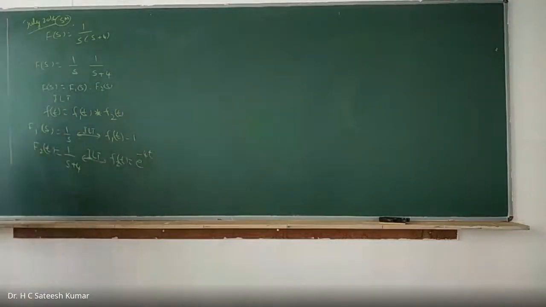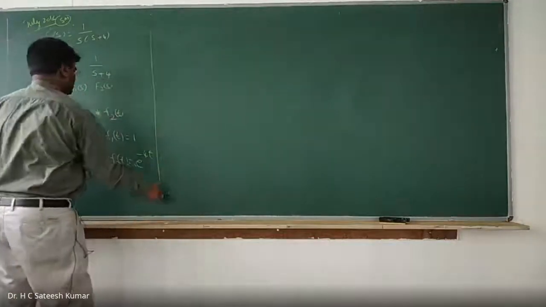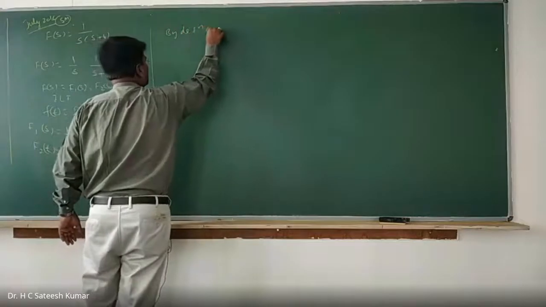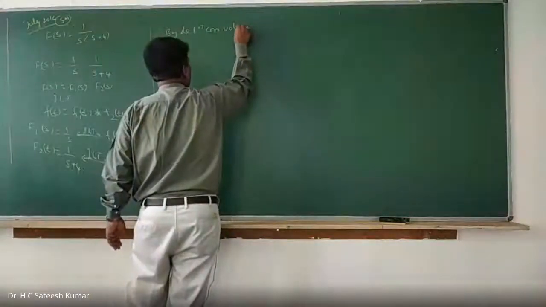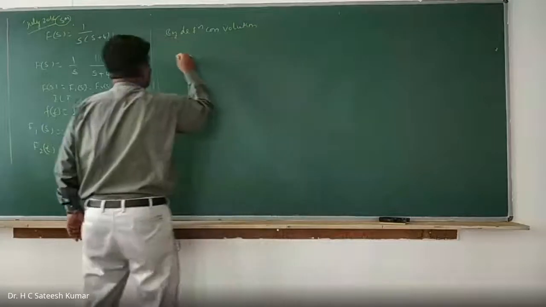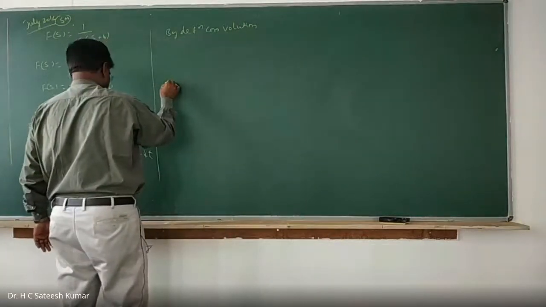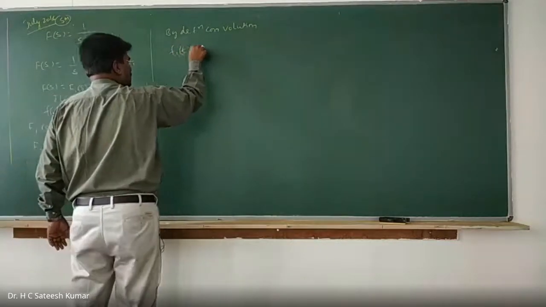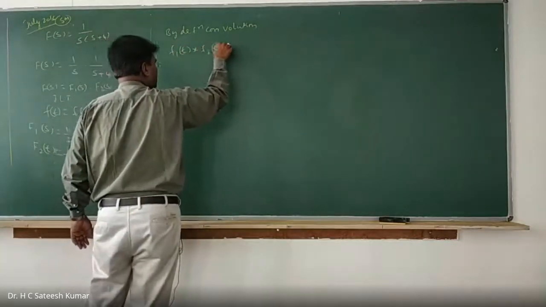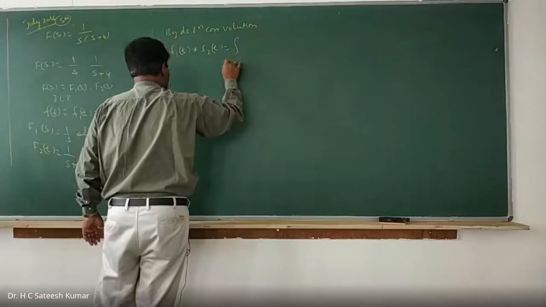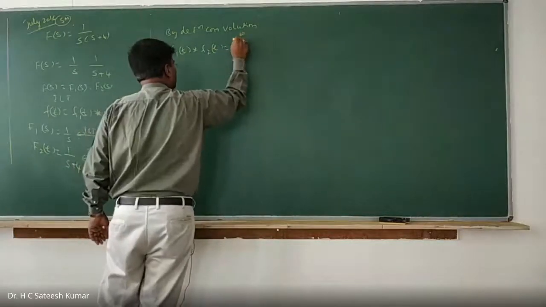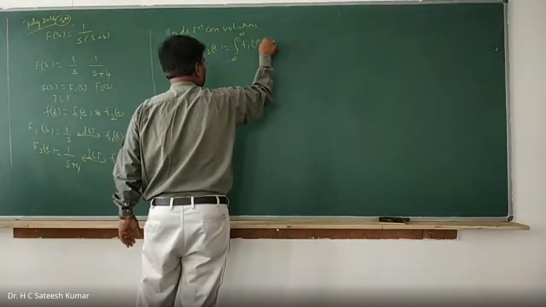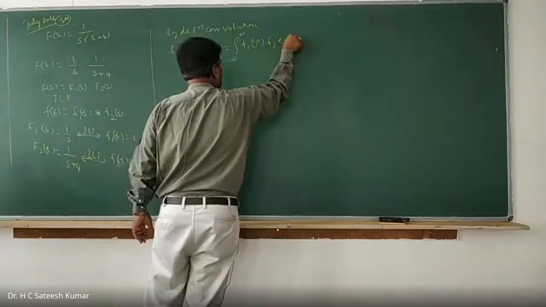Now, what is the definition of the convolution? By definition of convolution, f1 of t convolution with f2 of t is equal to the integration, for one-sided we can write it, from 0 to infinity of f1 of tau into f2 of t minus tau d tau.